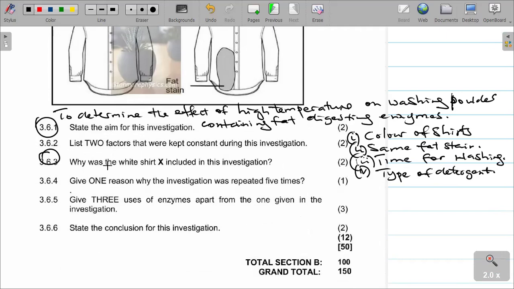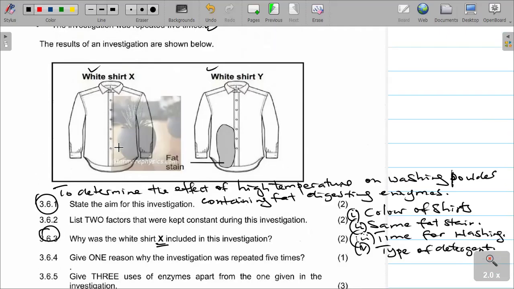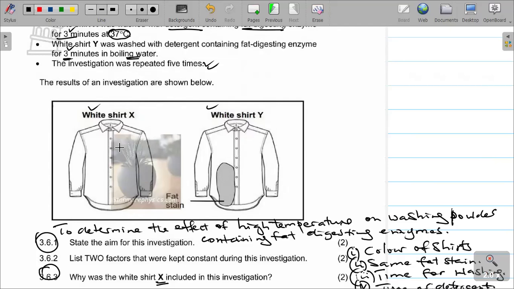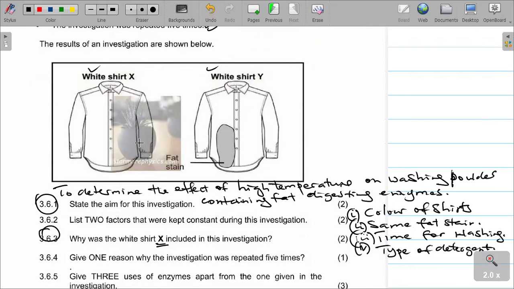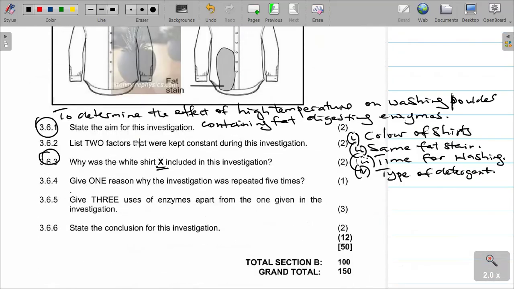Why was the white shirt X included? X, which of course, we said is the control of the investigation. X was used for comparison of the effect of high temperature.